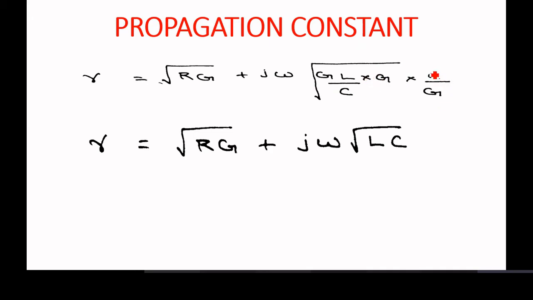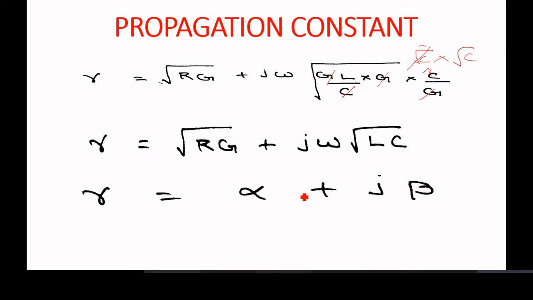And similarly this C we can write as root LC into root LC. One denominator root LC and numerator root LC will get cancelled. And G will get cancelled. So simply we have root L by C. So gamma is equal to square root of Rg plus j omega into root L by C.